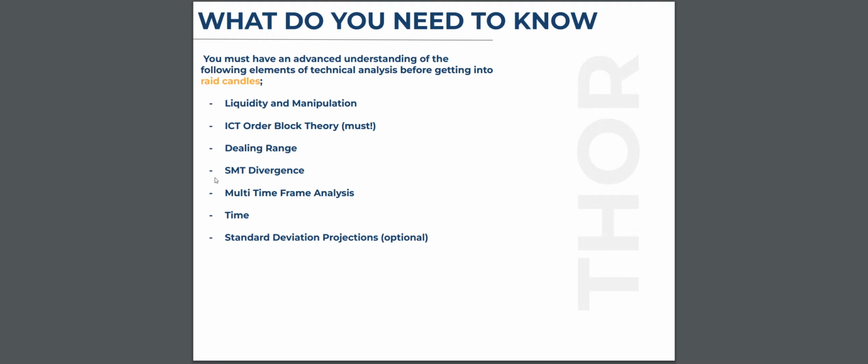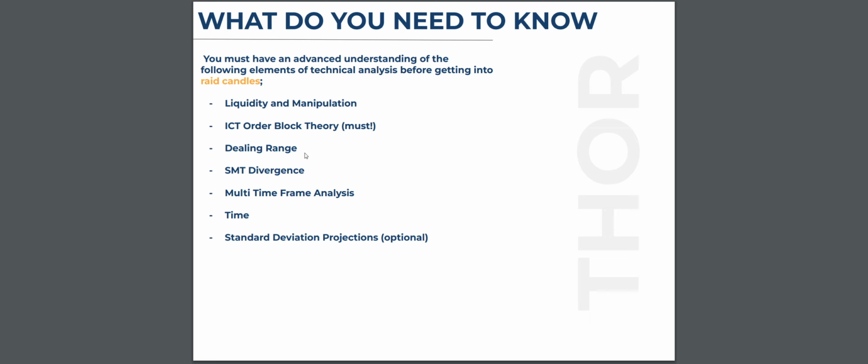To be able to understand this topic, first of all, you have to know a couple of things before, and I'm sure most of you know these things already: liquidity, manipulation, ICT order block theory, very important. The raid candle itself, we're basically speculating around the order block theory.